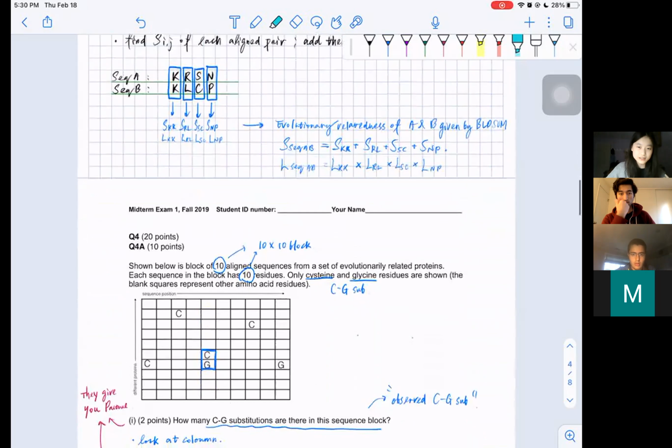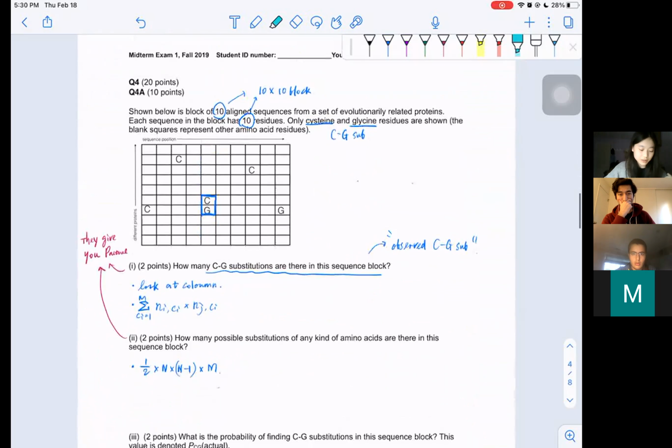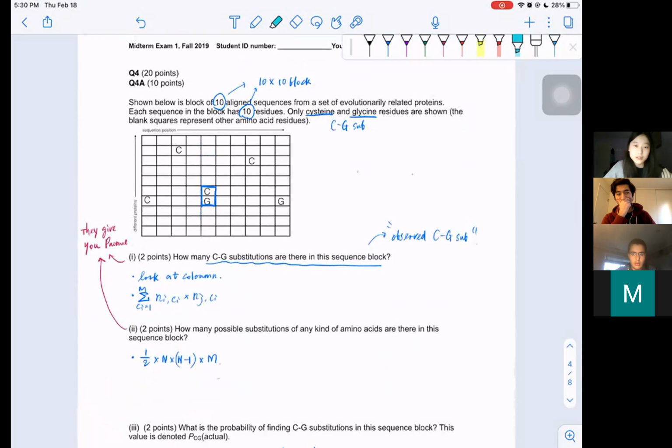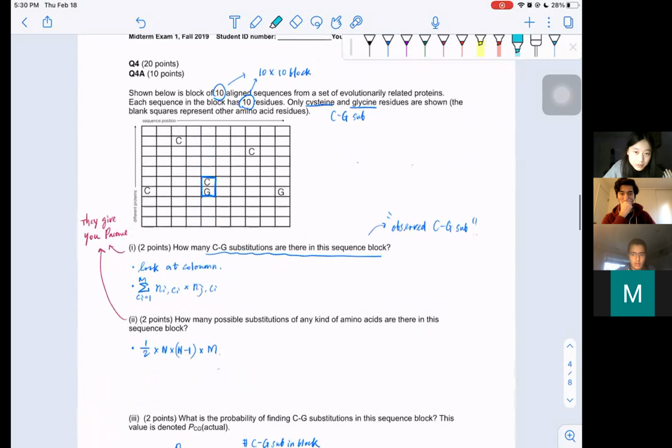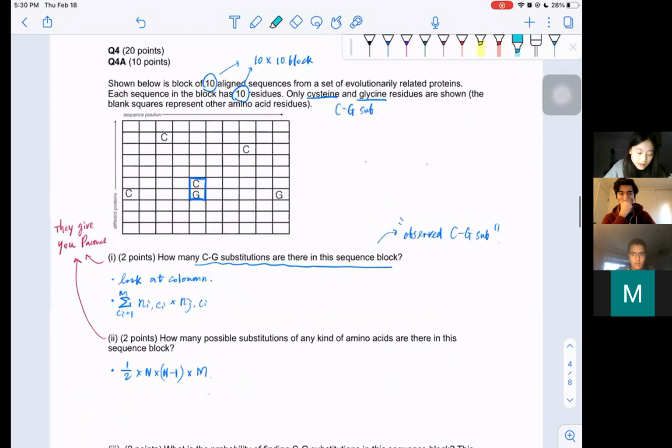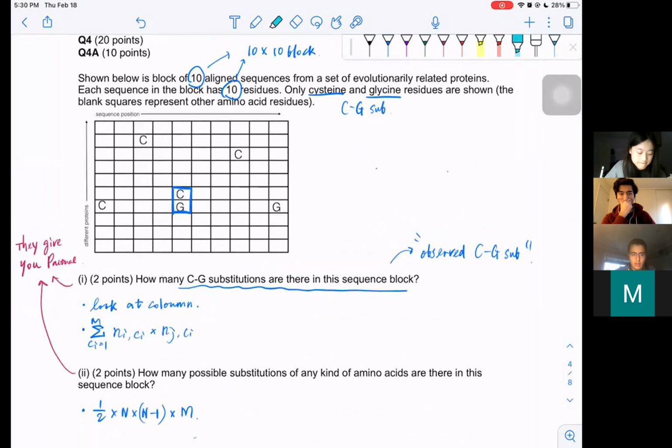All right, so now let's do the problem together. I'll give you a second to look at this problem. All right, so the first problem is asking for how many CG substitutions there are in the sequence block. We do that by looking at the columns.